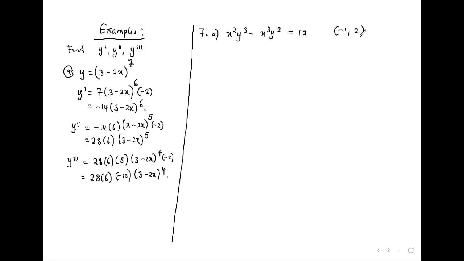In the case of x squared y cubed, this becomes a product. So we differentiate x squared, it will give us 2x, multiplied by y to the power 3, plus we now differentiate y cubed, we get 3y squared multiplied by x squared.